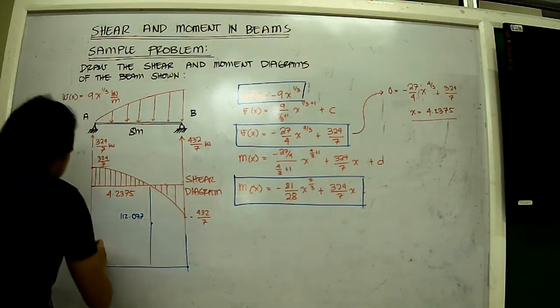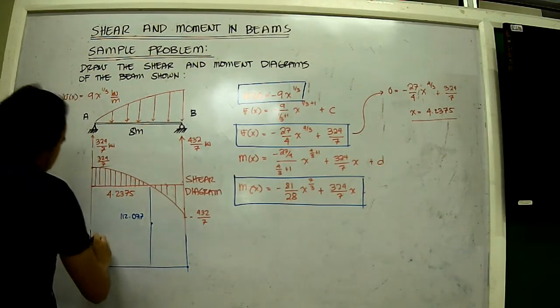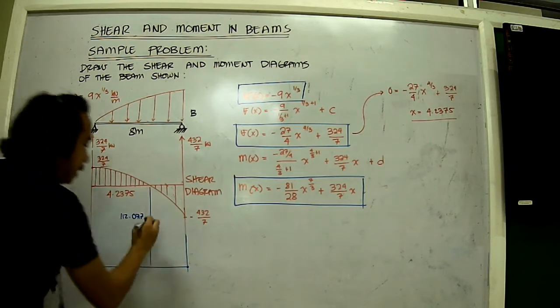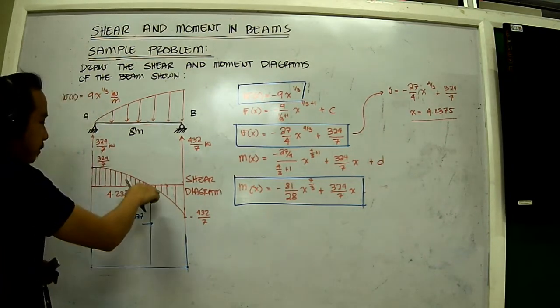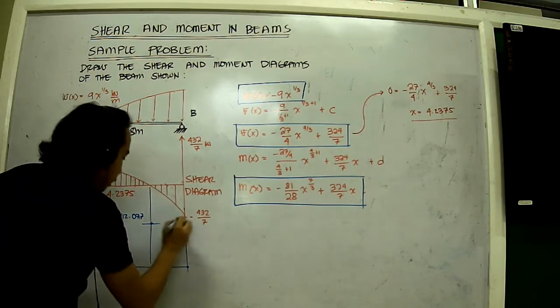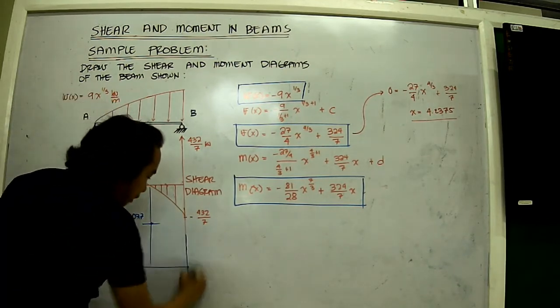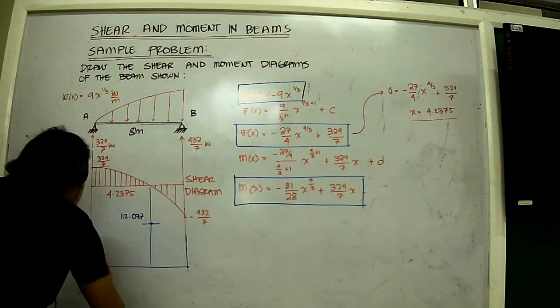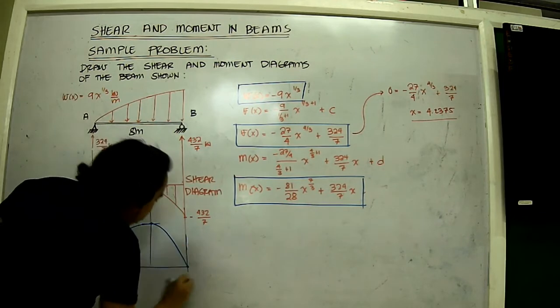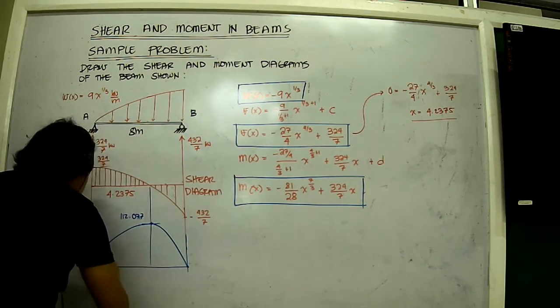This is big, so that one is small. That's the rule. If the intercept is small, the vertical is big. Okay, so the curve should look like this, at the very least.